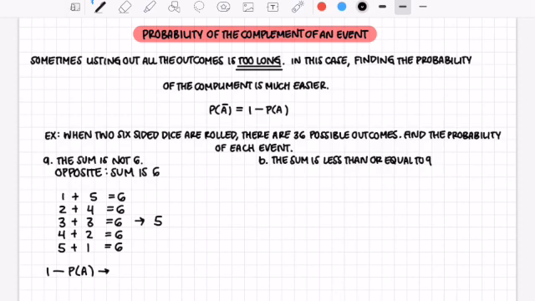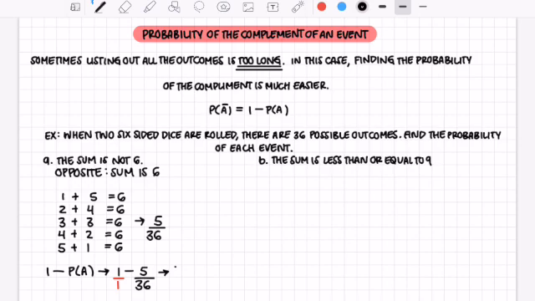So all I'm going to do is write down that we have 1 minus this probability that we found over here, which was 5 over 36. We're going to subtract 1 minus 5 over 36. So if I do that, this is going to become 1 over 1.